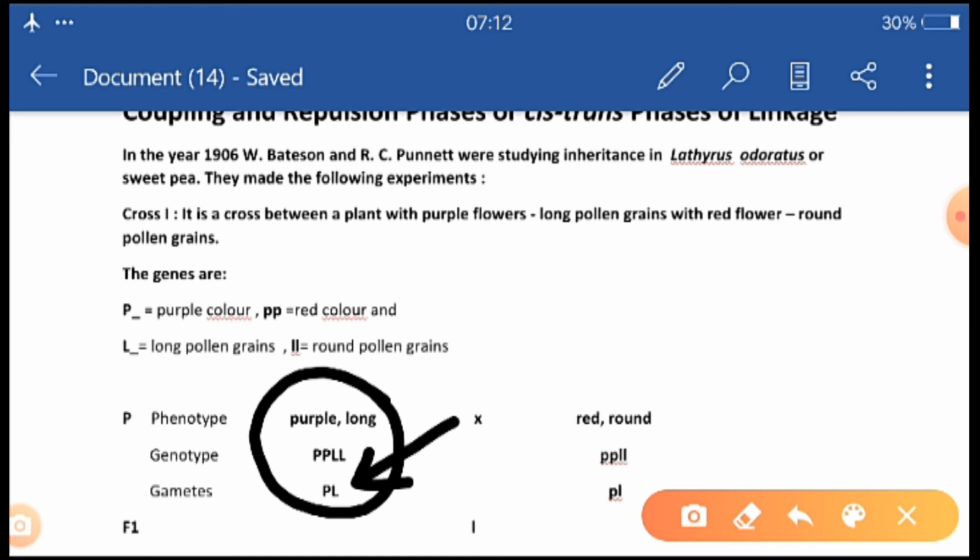The cause behind that, according to Bateson and Punnett, is that since the dominant factors are from the same plant, they tend to be present in the gametes together generation after generation.